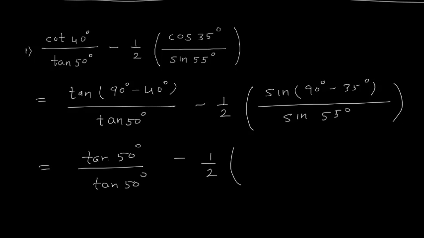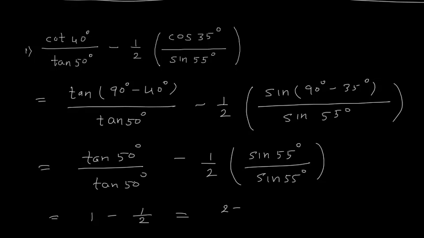Now sin 90 minus 35 is sin 55 degree upon this is sin 55 degree. So you will get 1 minus half. So 1 minus half, you cross multiply, you get 2 minus 1 upon 2, that is 1 upon 2. So this is solution for first question.